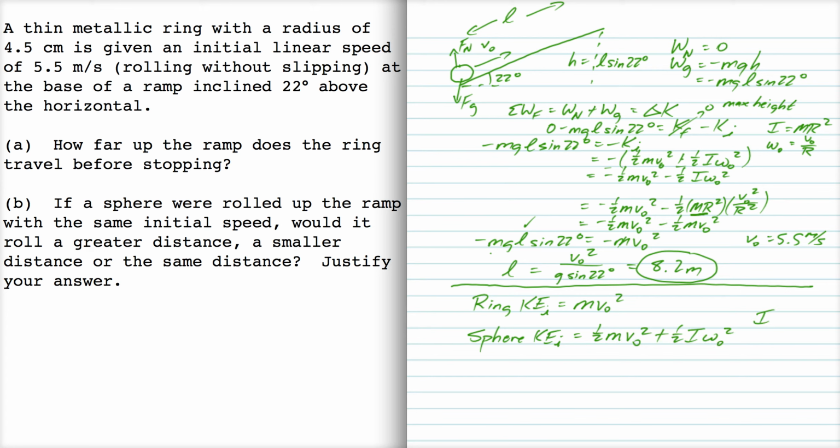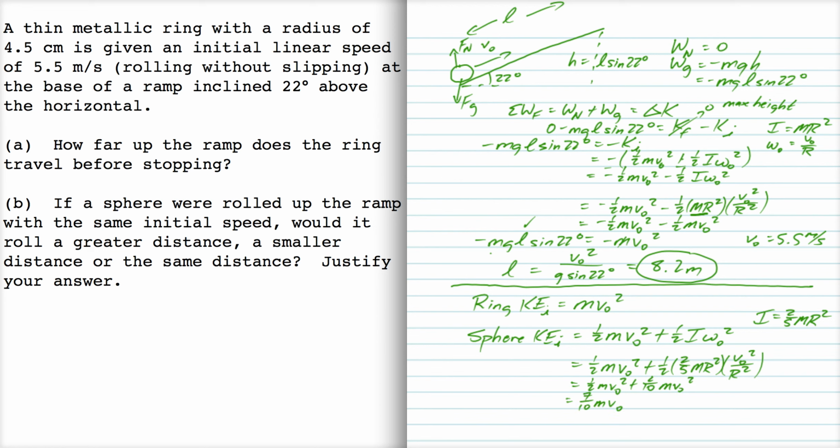Now for a sphere, I is 2/5 mr squared. The sphere, like the ring, we're going to assume is rolling without slipping, so this becomes 1/2 m v0 squared plus 1/2 times 2/5 mr squared times v0 squared over r squared, making my substitutions.